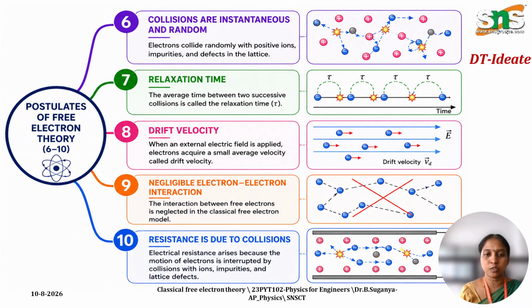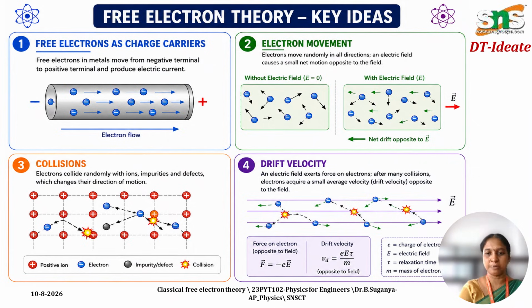Then negligible electron interaction. Interaction between the electrons is neglected in the classical free electron model. Resistance is due to collisions. Electrical resistance arises because the motion of electrons is interrupted by collisions with ions, impurities, and lattice defects.